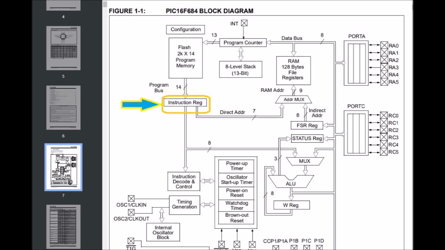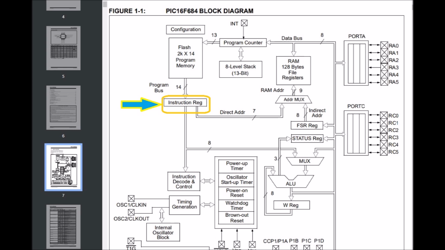Alright, let's talk about what the instruction reg is. You can see the instruction reg shown in the block diagram here. The instruction register, shown in the block diagram, is a critical component in the microcontroller's CPU.